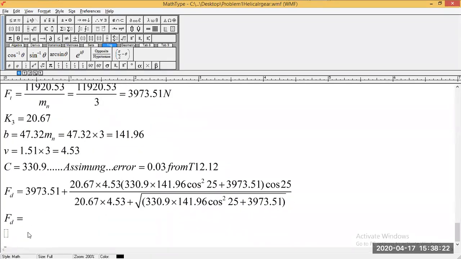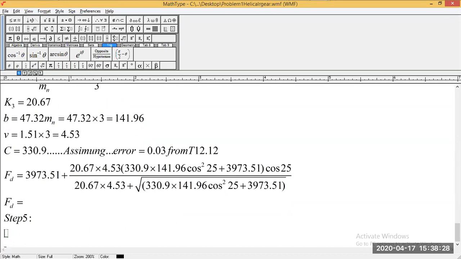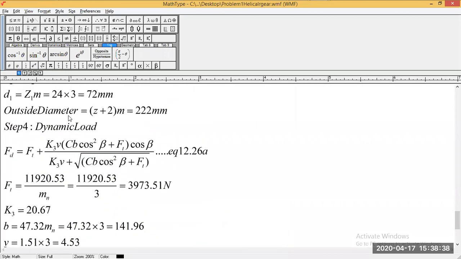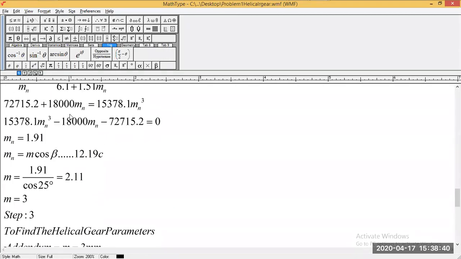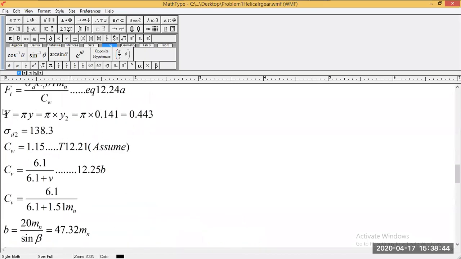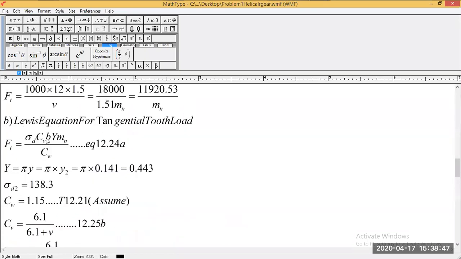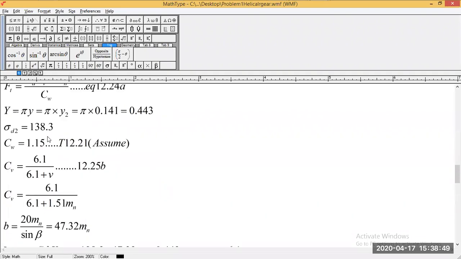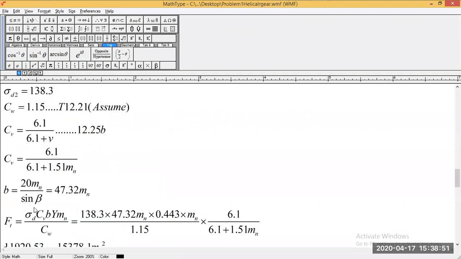So we'll move on to step 5. Someone is asking, B is already found. If you check step 2 in the Lewis equation, we have B already. So B we defined, which is given in the formula.